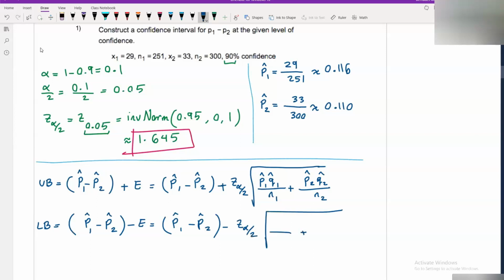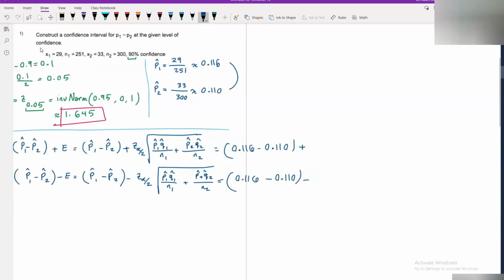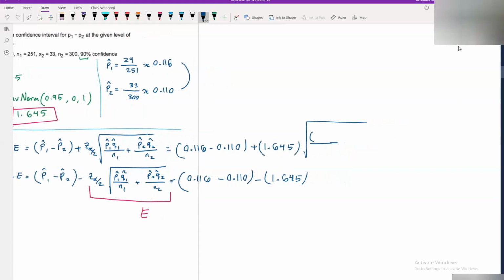Same thing here. So subtracting these two numbers first. And now this part is E. So this one is E. P hat 1 is 0.116.